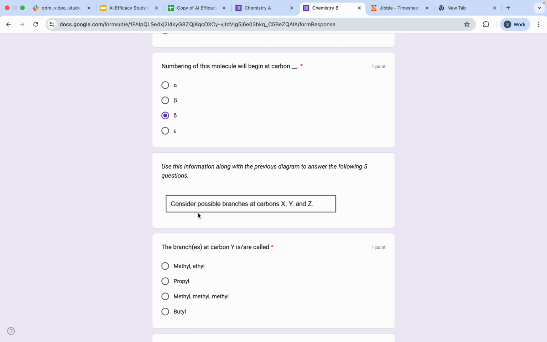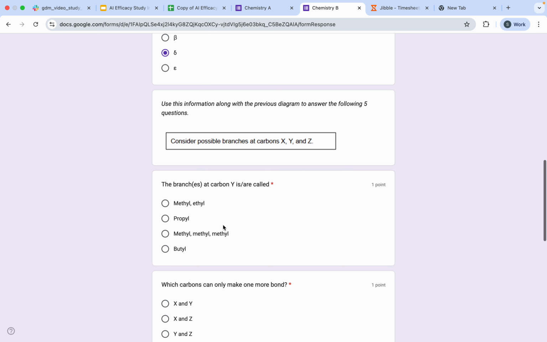Using this information along with the previous diagram to answer the following 5 questions. Consider possible branches at carbon X, Y, and Z. The branches at carbon Y is or are called methyl, ethyl, propyl, butyl.